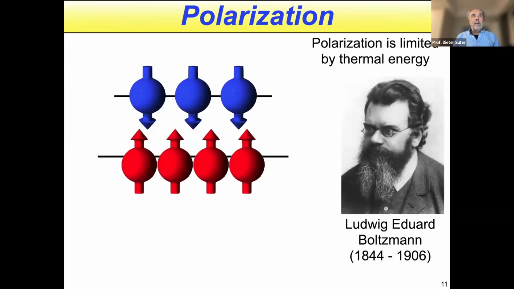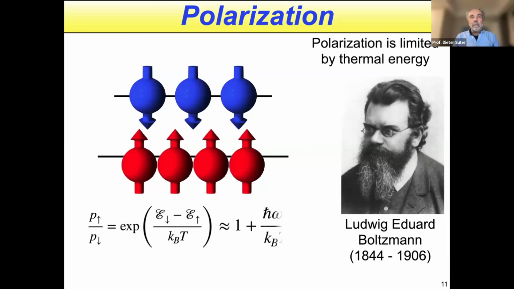So let's look a bit more closely again at the polarization. Normally, you have thermal polarization given by Boltzmann's equation, which says that the ratio of the spin up versus spin down population is given by the energy difference divided by the thermal energy.